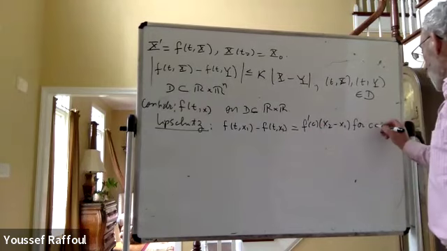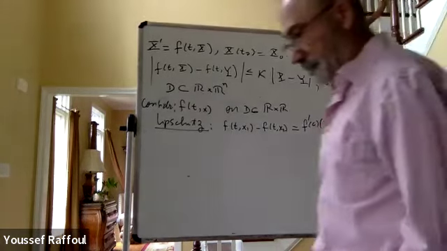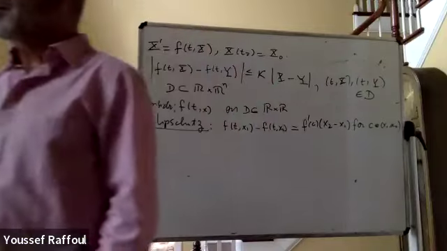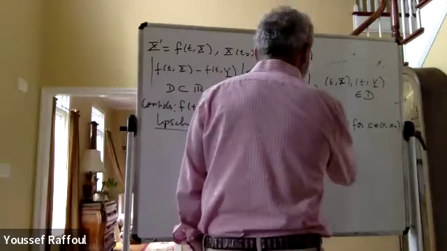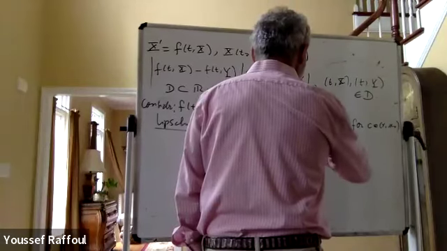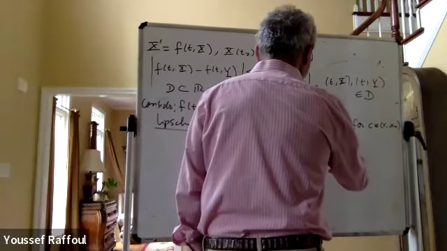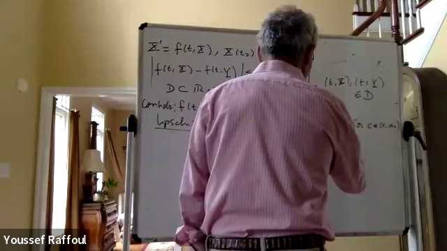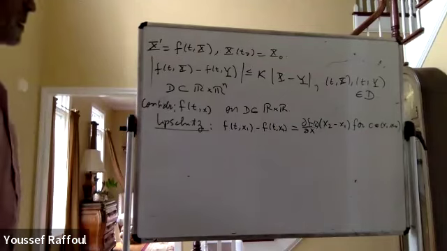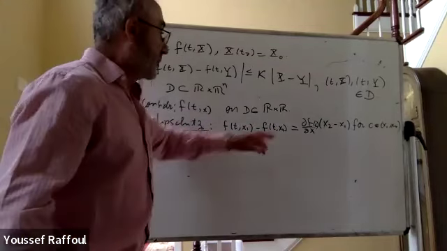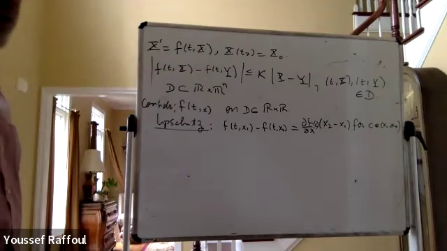Can anybody tell me why that is true? What do you think? And f prime means del f over del x at c, because we have t here. Can anybody tell me why?